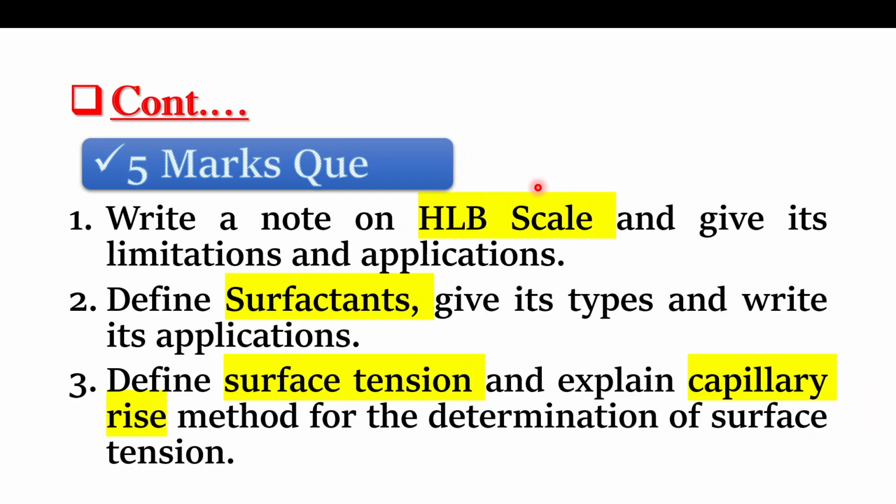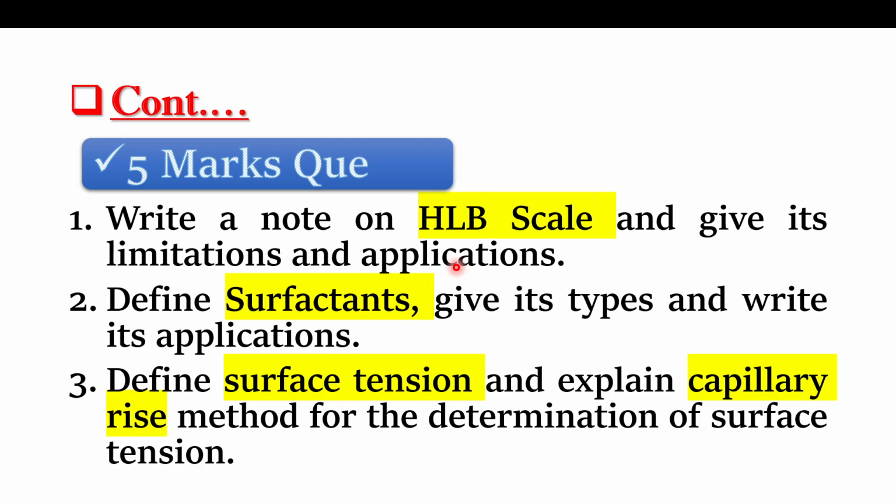Next, let's discuss 5 mark questions from unit third, that is HLB scale, surfactants, surface tension. The first question is write a note on HLB scale and give its limitations and applications. The HLB scale is very important for 5 marks. It can definitely be asked for 5 marks in the semester.